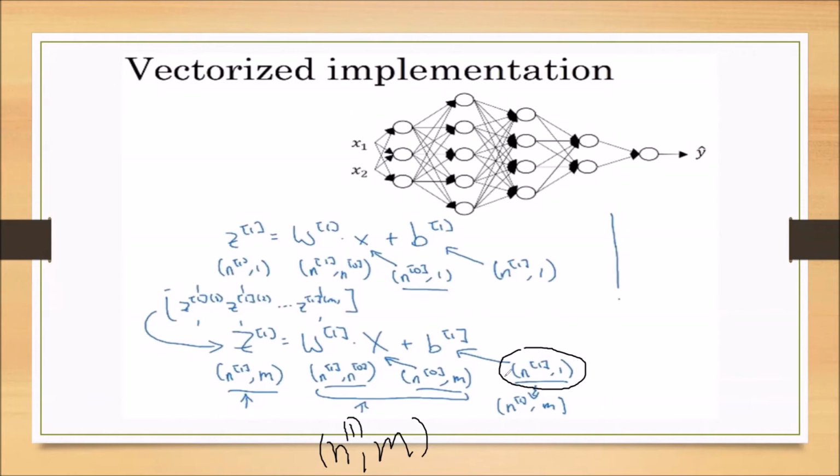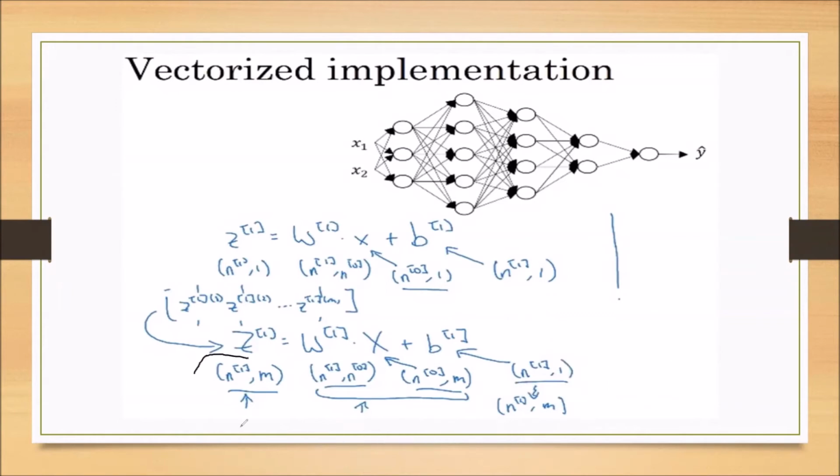To use broadcasting, the number of rows should be the same, and the number of columns in the second matrix must be 1, because that satisfies the broadcasting principle. The column is replicated M times, and that broadcasted N1 by M matrix of B is added to the N1 by M matrix in the vectorized implementation of the deep neural network.